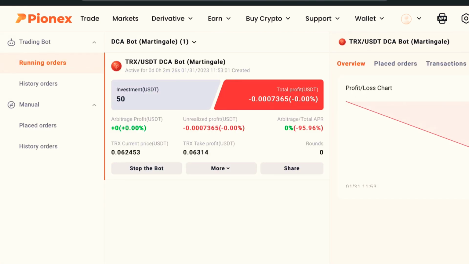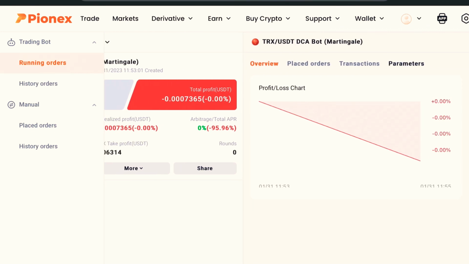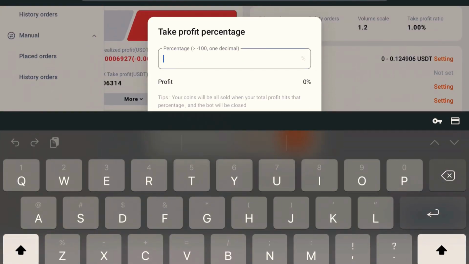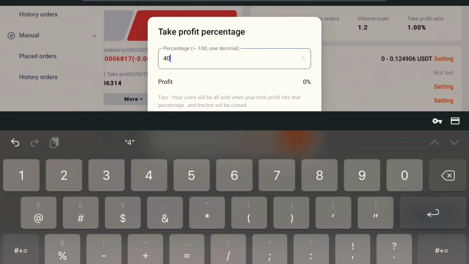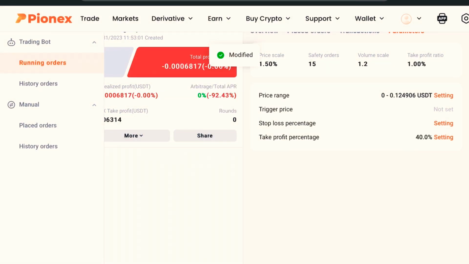So let's say if our net profit goes to 40%, okay, we would close our bot there. Okay, right. So you don't have to worry that Tron might have just reached your potential somewhere while you're sleeping, and that it might have gone down. So now you have set up a take profit.